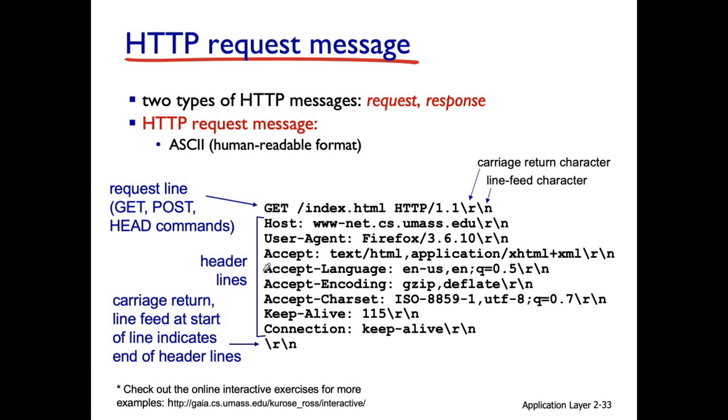Now, header lines. Syntax is also quite straightforward. Colon in the middle. Before the colon, this is called the attribute or the field name. And whatever comes after the colon is the value of the attribute or the value of the field name.